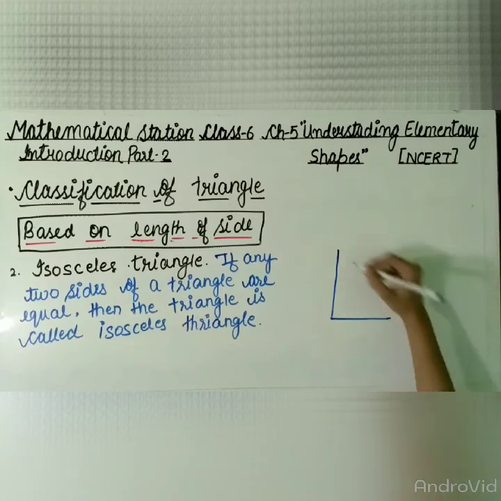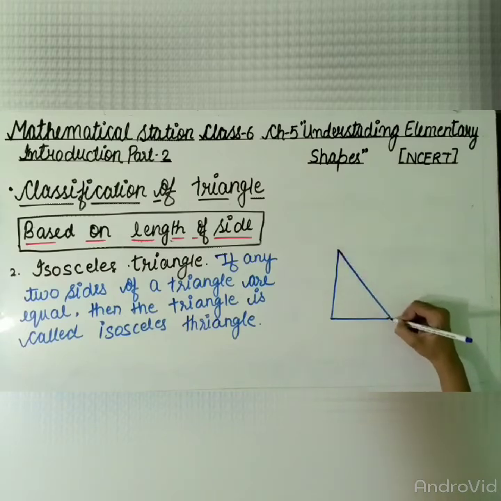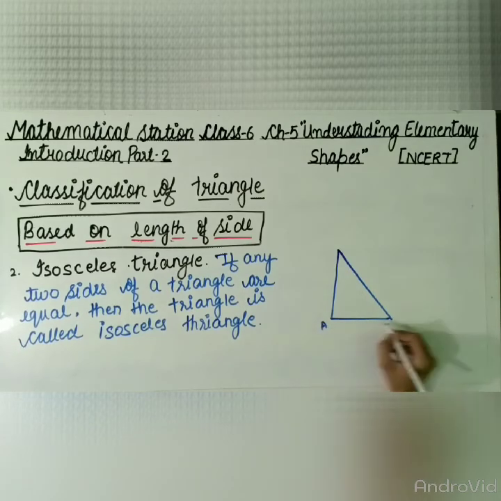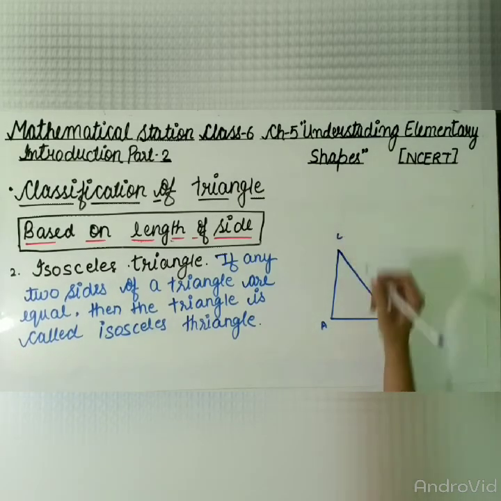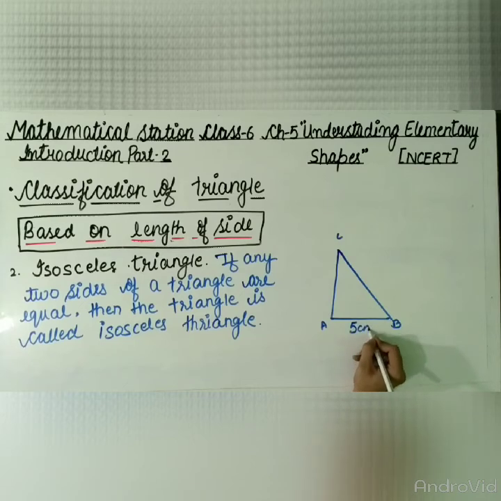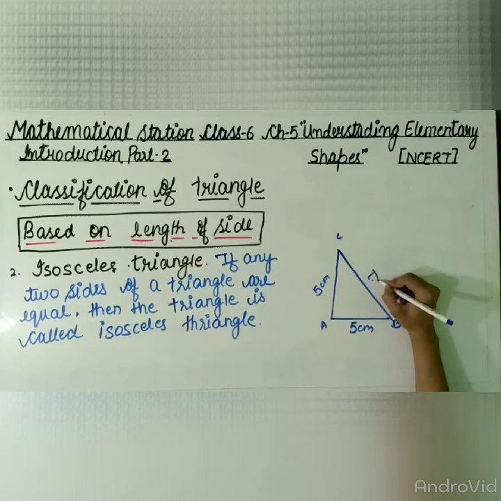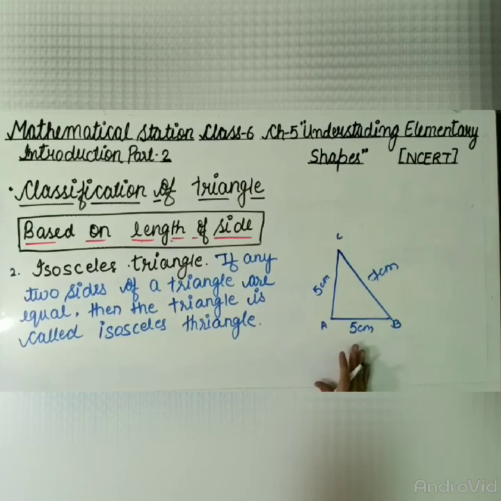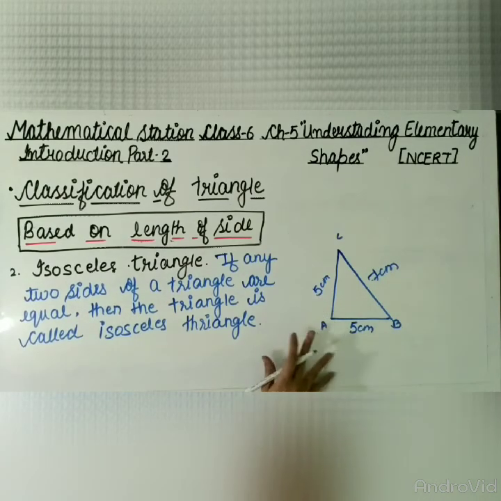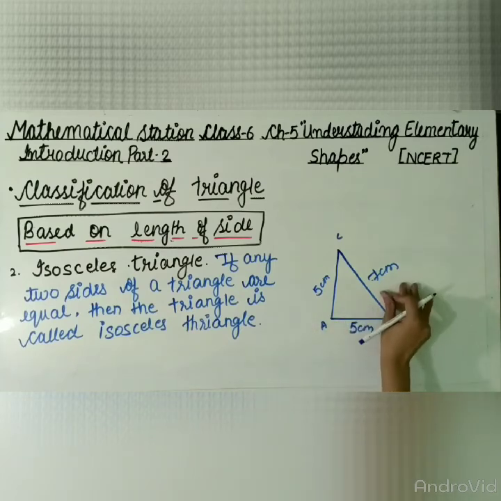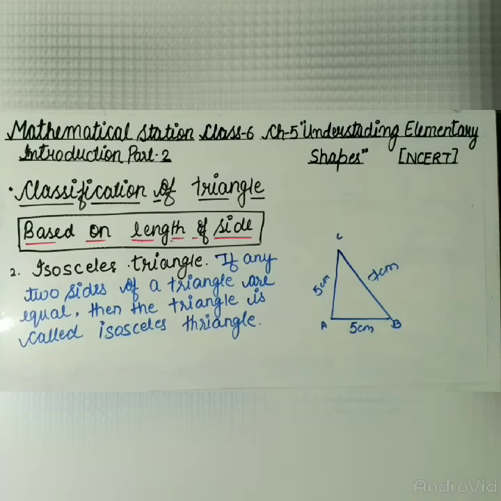Suppose in a triangle these two are of 5 centimeter and this is of 7 centimeter. So students, AB and AC are two equal sides and the third side of 7 centimeter is bigger. So this is our isosceles triangle.